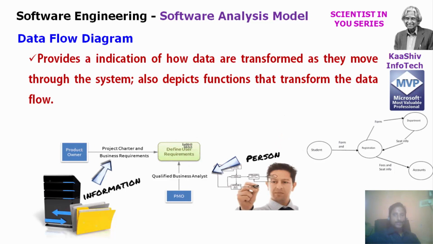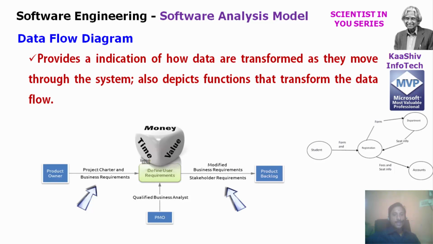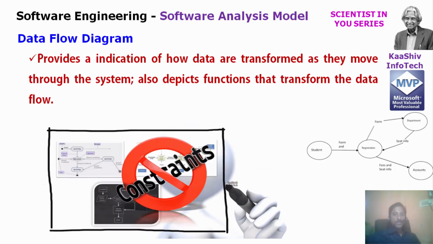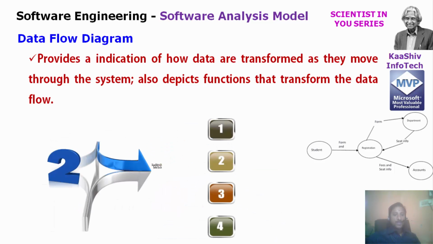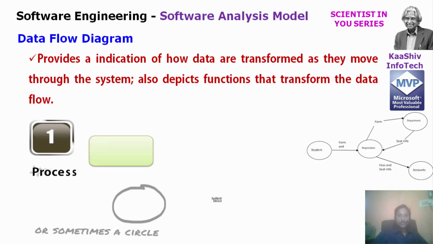This is the first step in getting the project, and afterwards you will have the product backlog or the modified business requirement or stakeholders' requirement. Once the business is accepted, you will get additional requirements, and based on the constraints you will get the modules. This is how you get your data flow diagram.